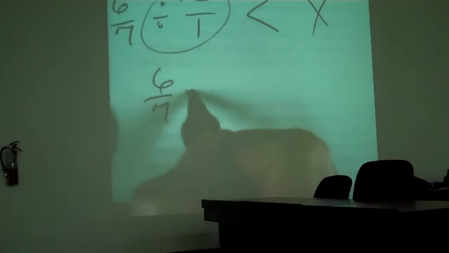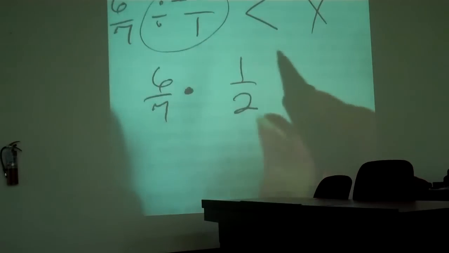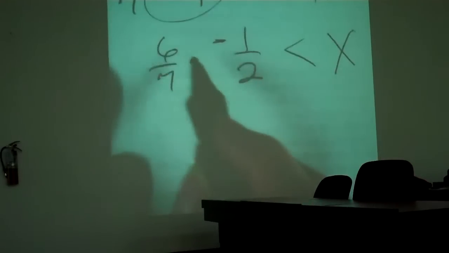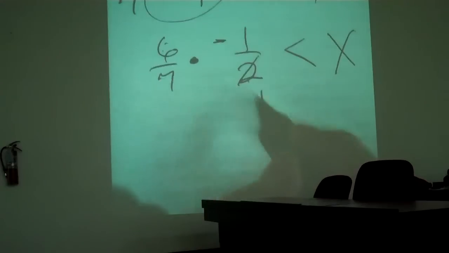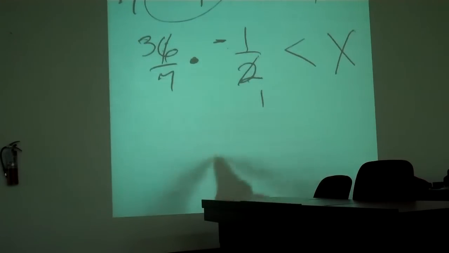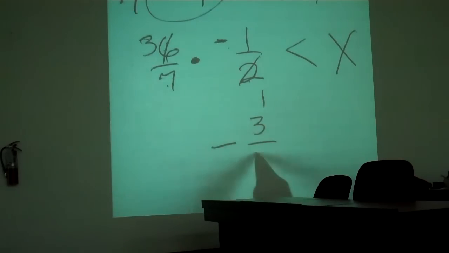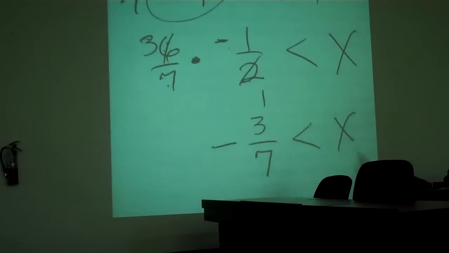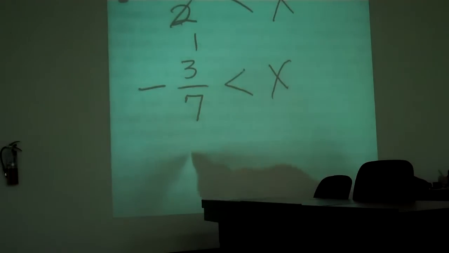6/7 times 1/2, and you keep the negative. Times the reciprocal, you keep the negative sign. So we can multiply straight, or we can divide by 2. Positive times negative is negative. 3 times 1 and 7 times 1. Okay? But now we need to put the x on the other side.